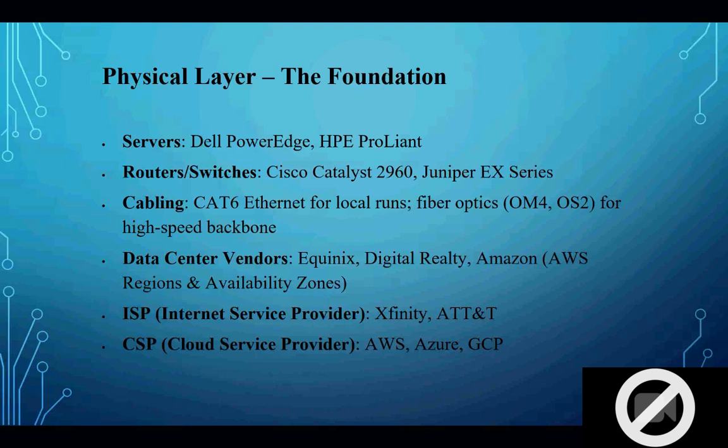I put the ISP and CSP here as part of the physical layer because you will see later what I mean by this. But basically, they have all of those things too: data centers, servers, routers, switches, cabling. So let me quickly explain each of those.